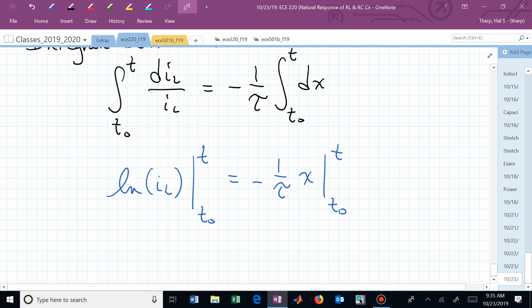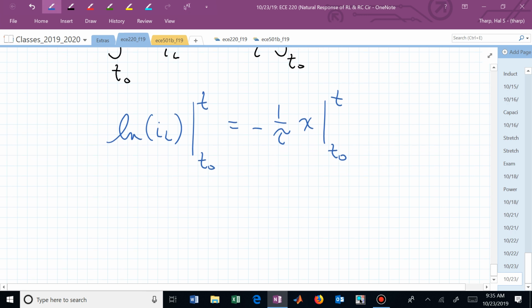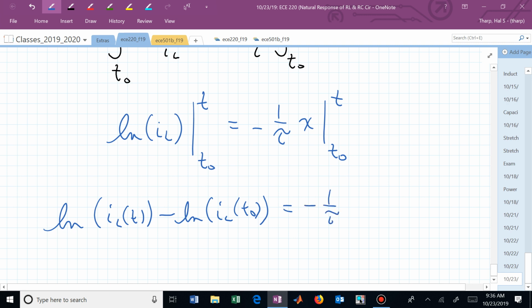Let's now evaluate that at the upper and lower limits. We now have ln of I sub L of t minus ln of I sub L of t sub 0 is equal to minus 1 over tau times t minus t sub 0. And for now, let's just not worry so much about the initial time. Let's just let it be 0.